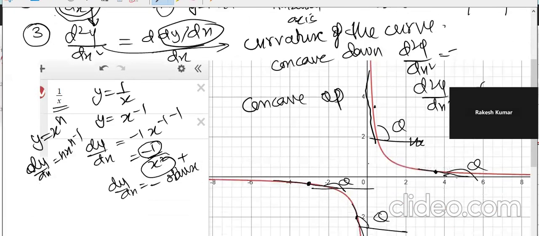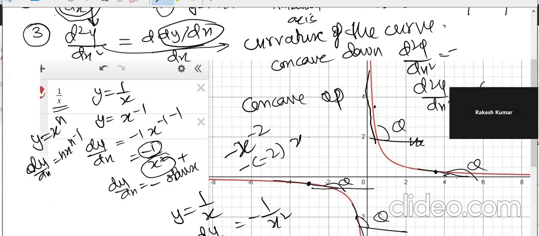And here in this curve, the reciprocal graph, I told you y is equal to 1 by x. I told you dy by dx is equal to minus 1 by x square. What is the second derivative? I again differentiate it. So this is minus x^(minus 2). I again differentiate it. It will become minus into minus 2 into x^(minus 2 minus 1). That's 2 by x cube.